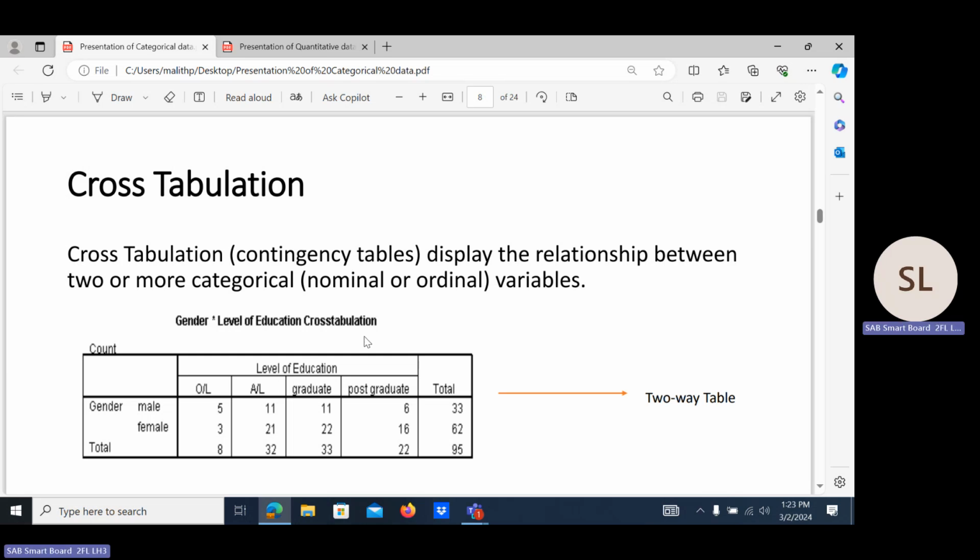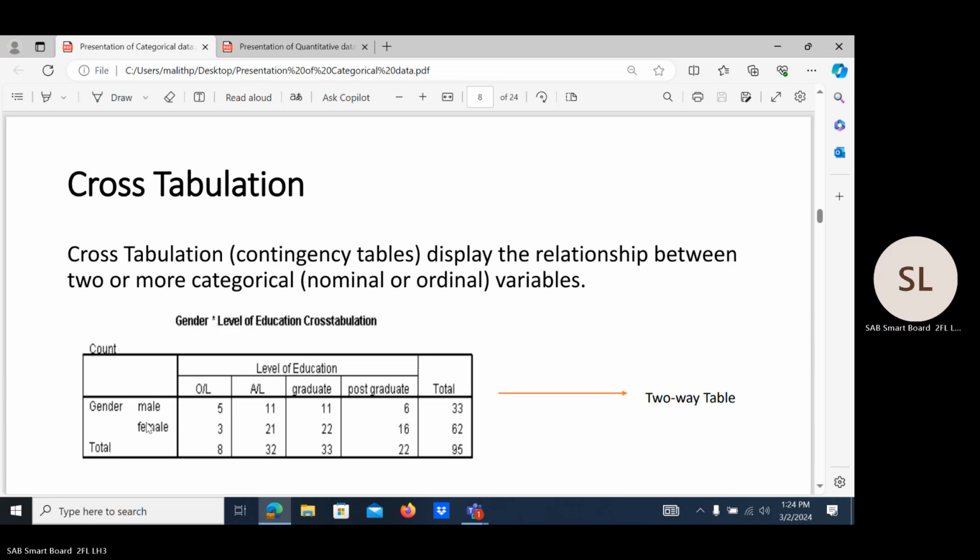Now moving to how to read the two-way table. This is the important thing. The first one is this 5. How to read this 5? What does this number represent? 5 male respondents who studied up to O-level.